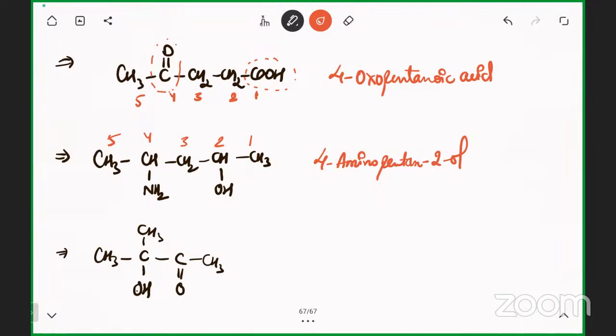Functional group, which one is higher? Ketone or alcohol? Ketone, sir. Ketone. The numbering should be done from the side where the functional group is near. 1, 2, 3, 4. Now tell me the name.